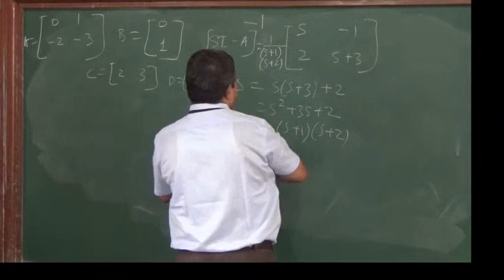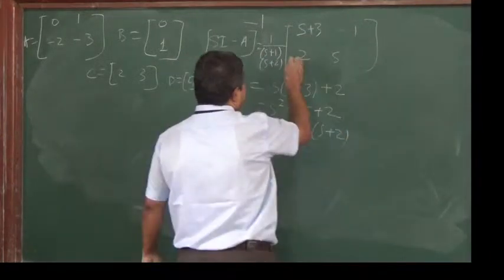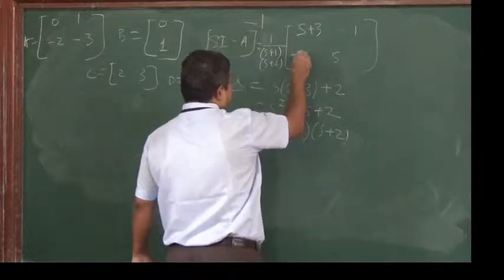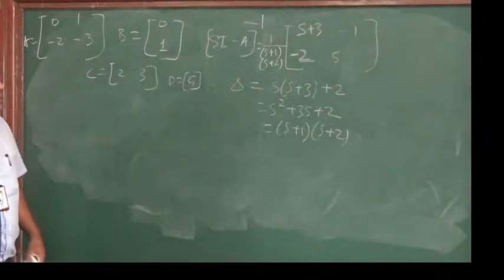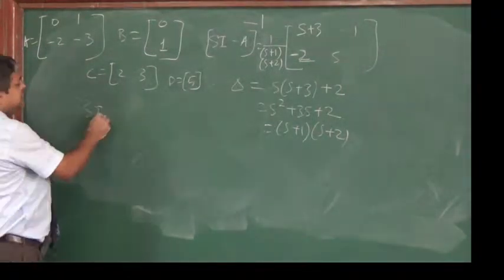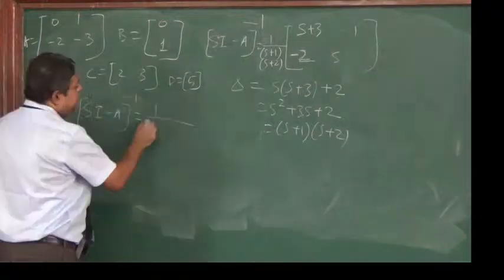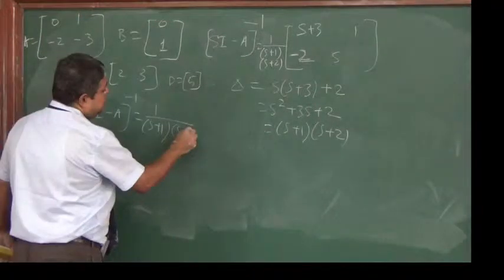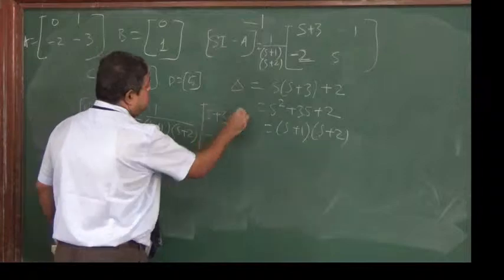So this will be S plus 3, this will be S, this will be 1, and this will be minus 2. Finding the second order inverse is very easy. So sI minus A inverse is 1 by S plus 1, S plus 2 multiplied by S plus 3, minus 2, 1 and S.